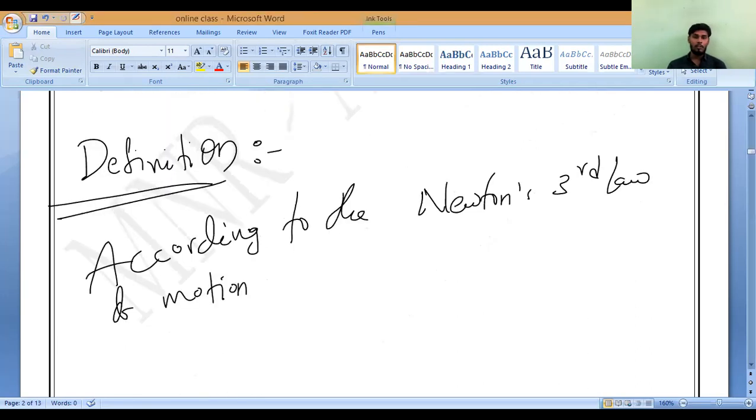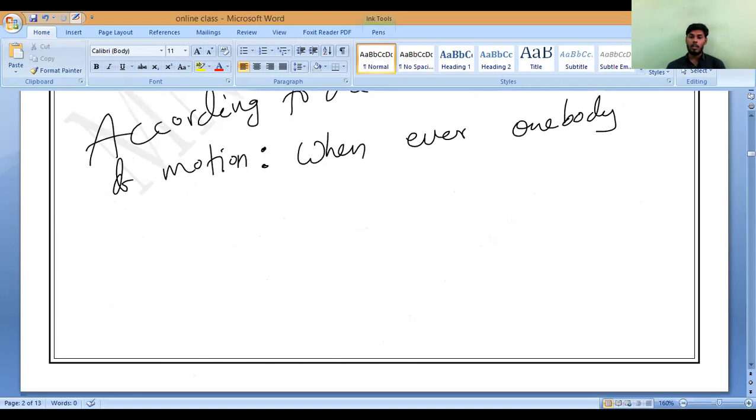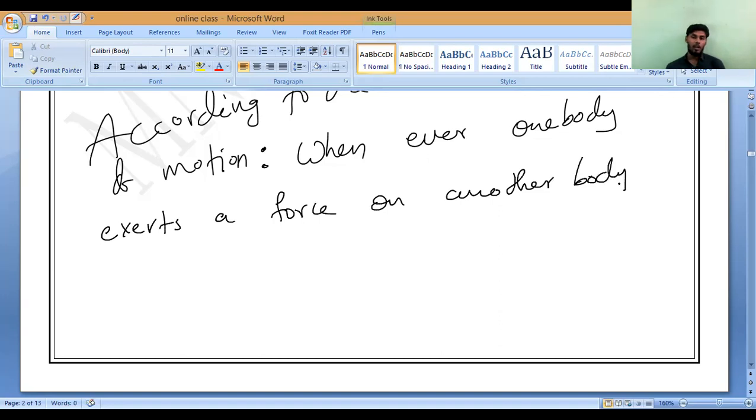According to Newton's law of motion, whenever one body exerts a force on another body, then what will happen?